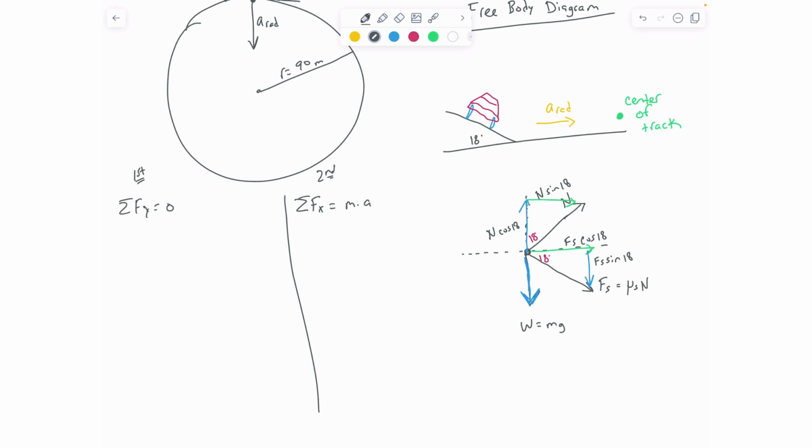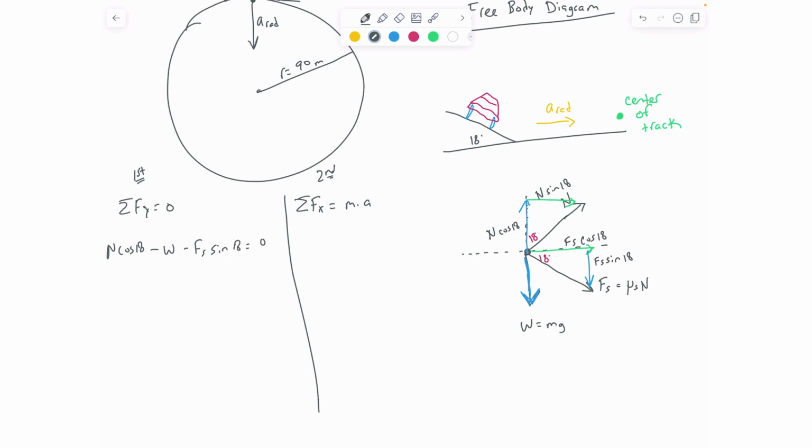So we have n cosine 18, that's the one on the top, minus the weight, that's the one on the bottom, and then minus fs sine 18 equals 0. Equals 0 because this is the first law.